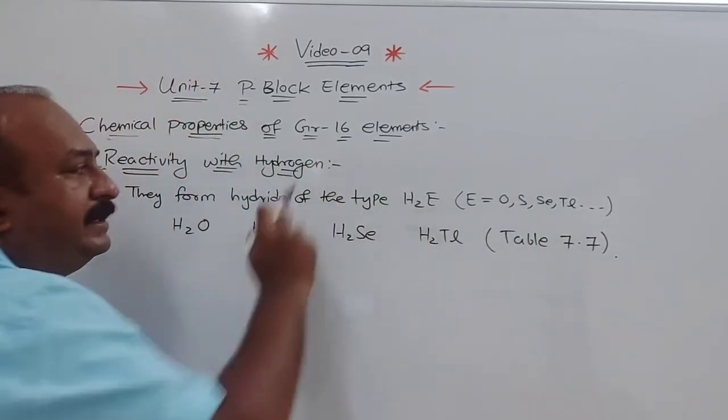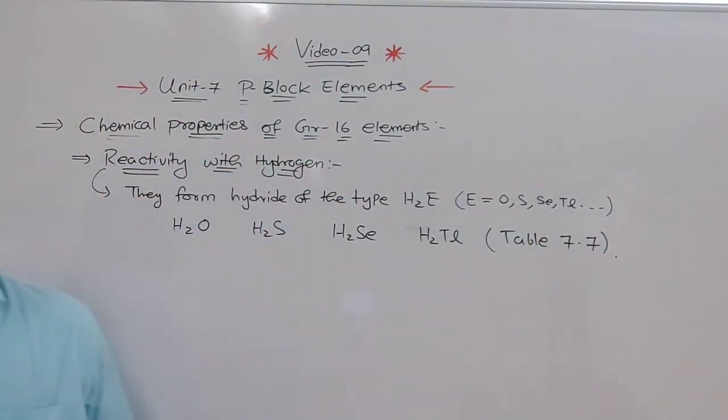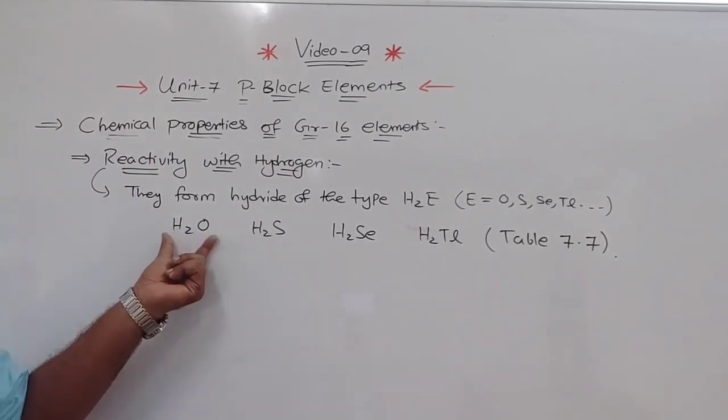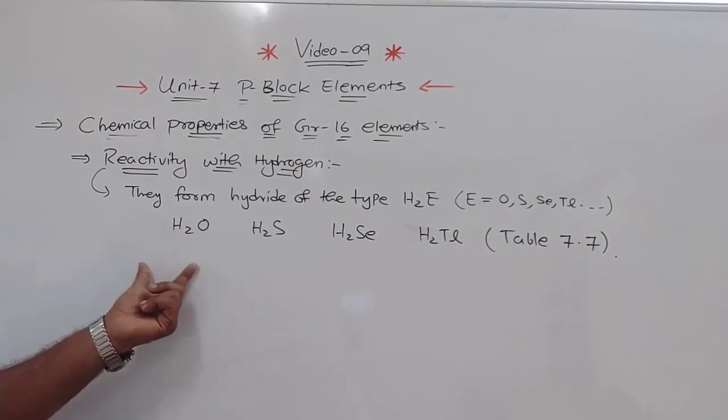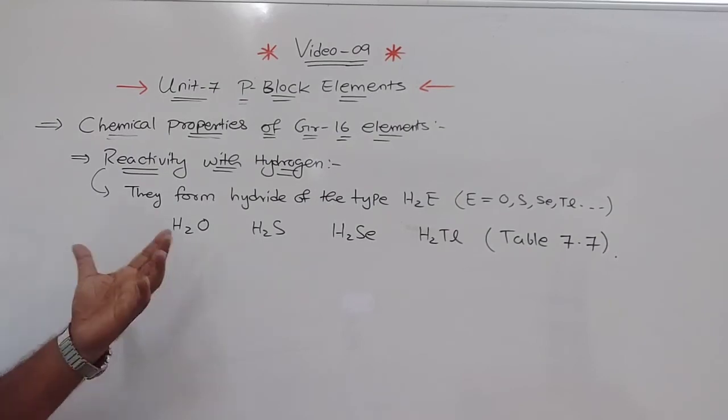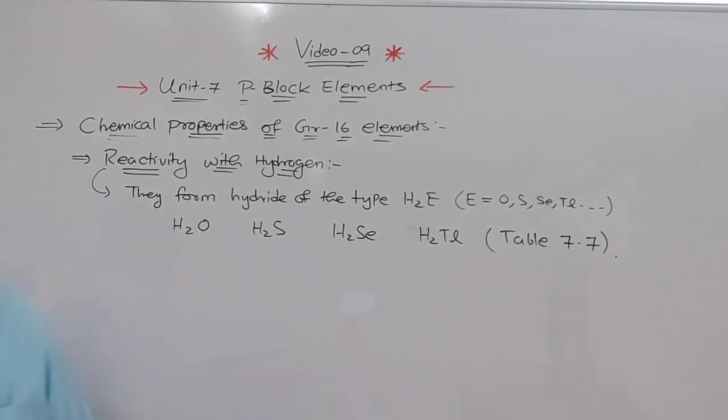They have given melting point, boiling point, the H-E distance, that is the distance between hydrogen and oxygen, the H-E-H angle, formation enthalpy, dissociation enthalpy and dissociation constants. You can go through it.